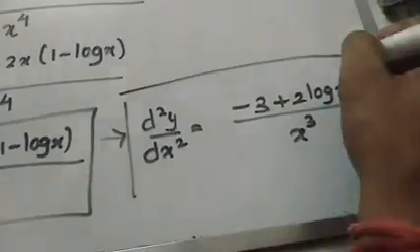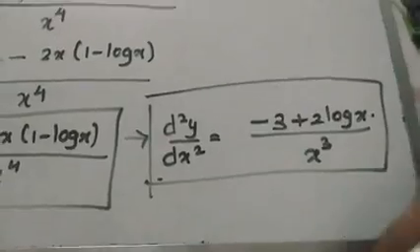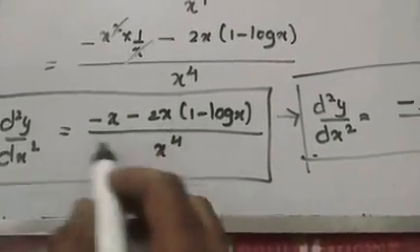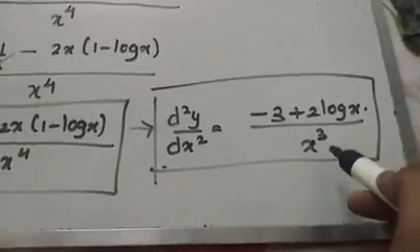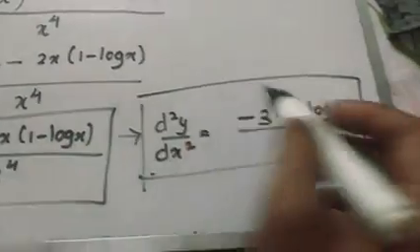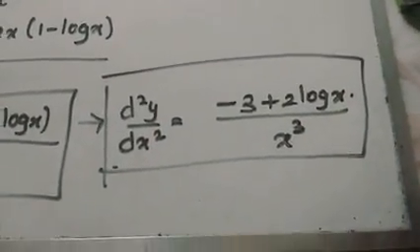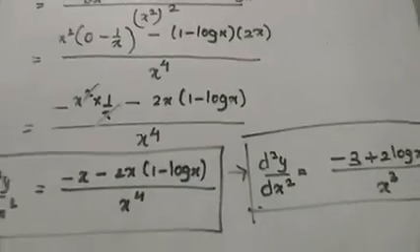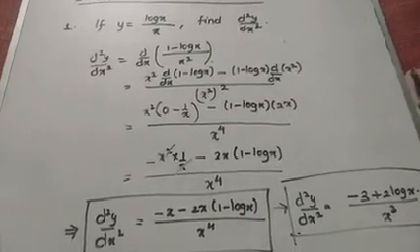This will be the simplified form. Just by taking x common from both the terms, x will cancel, this will become x cube, and minus 1 minus 2 plus 2 log x gives minus 3 plus 2 log x. So this is the simplified form. Try this one. Okay, so this is all about question number 1.